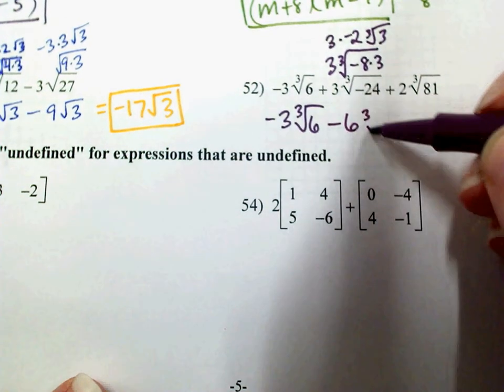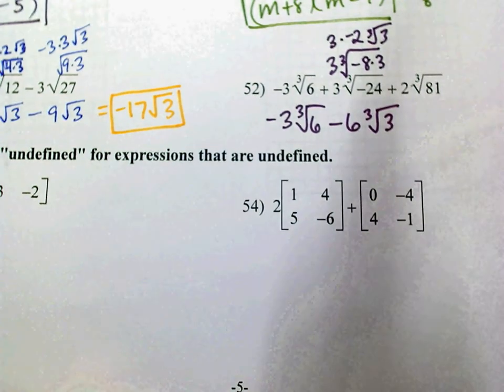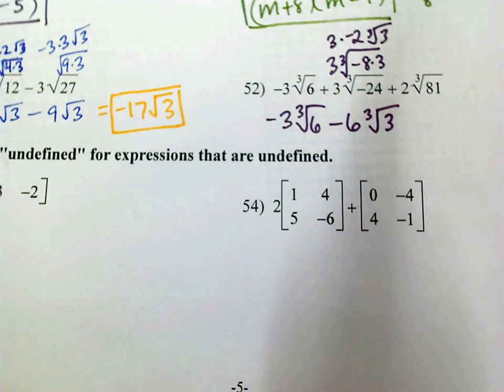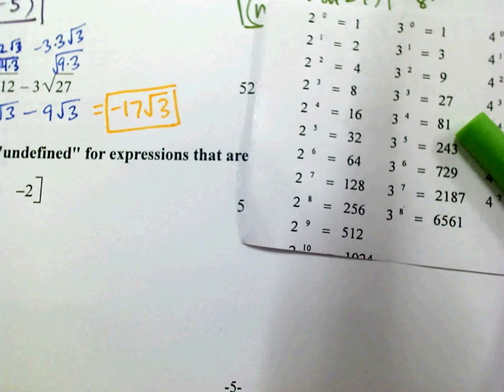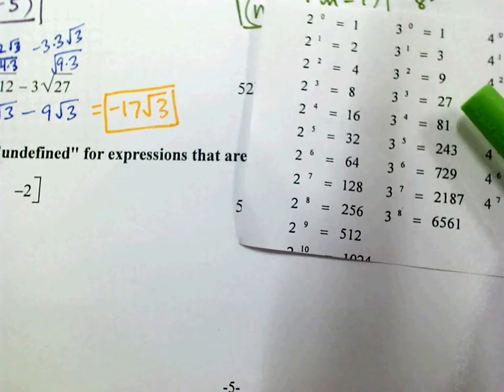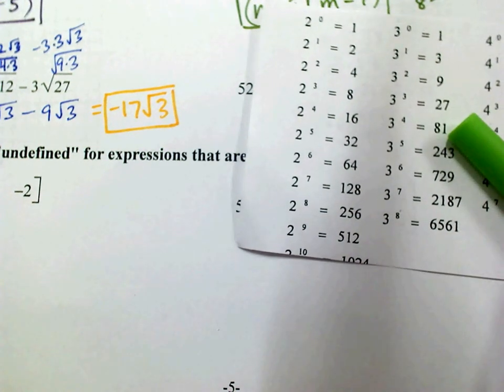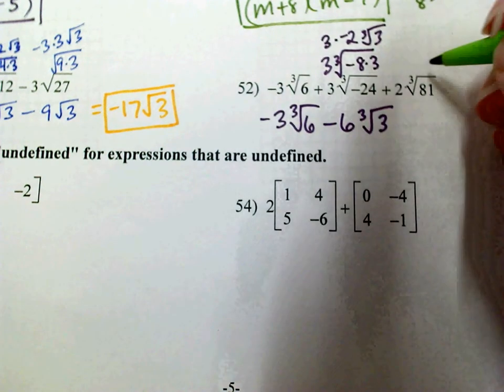So far, it doesn't look like I can combine the first two, yeah? Now I've got the 2 cubed roots of 81. Is 81 a perfect cube? 81 is a perfect 4th power, right? Which really just means to me that it's 27 times 3. Yeah? So it's the perfect cube 27 times another 3.